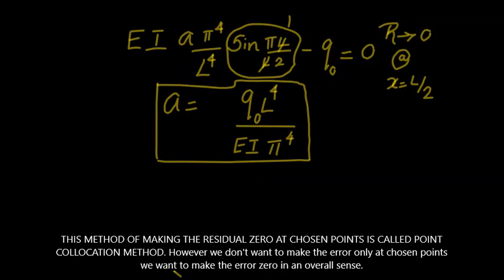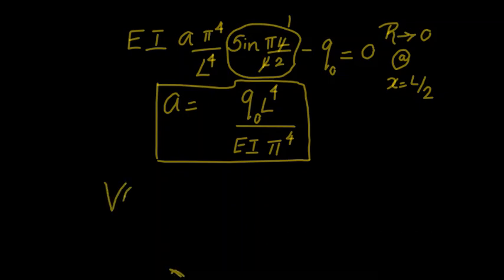Next, once you have got the value of the constant, all you have to do is substitute the value of the constant in the trial solution. That is the last step. The trial solution is A sine pi x over L. This was our first step.